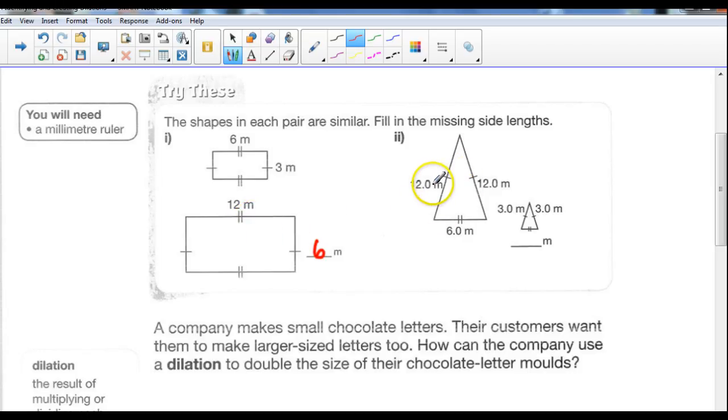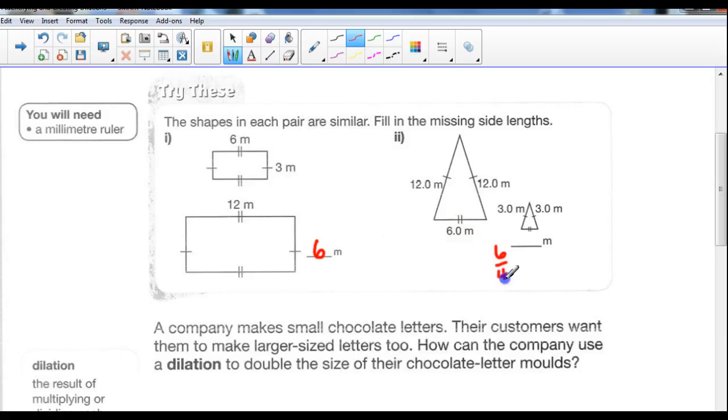This triangle here, we've got this side length of 12, this side length of 12, and this bottom side length of 6. So if we make it smaller, we go from 12 down to 3. That means we made it 1/4 the size, because 12 divided by 3 is 4. So we have to take this dimension right here of 6 and make it 4 times smaller.